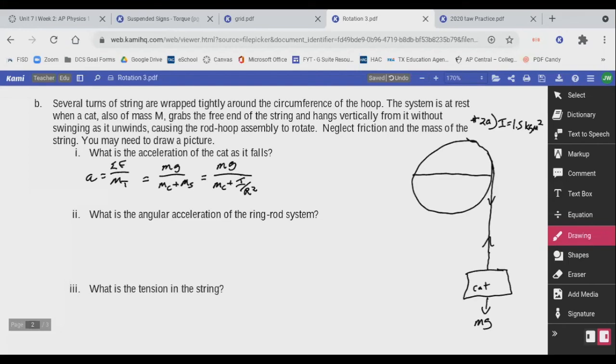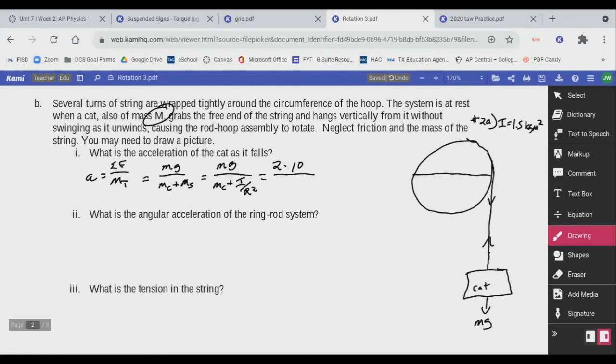All right, let's step it one step further along. mg, what is mg in this case? Well, the cat's mass is 2 because they said mass of m, and they told us m equals 2. All right, so I'm not making that number up. I'm not calculating it. I'm taking it from number 2A. They said it was 2. We know gravity is 10.